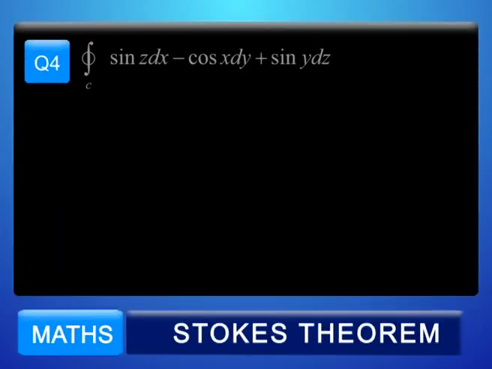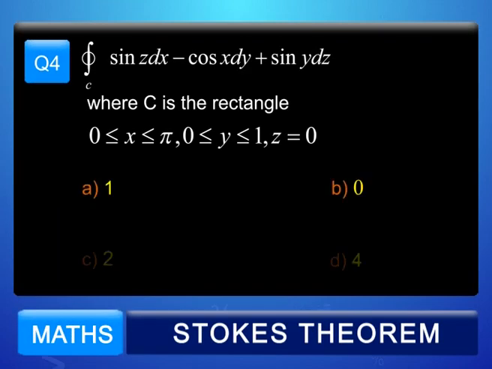Question number 4. What is the output of closed line integral sin z dx minus cos x dy plus sin y dz, where C is a rectangle with limits 0 less than or equal to x less than or equal to pi, 0 less than or equal to y less than or equal to 1, and z is equal to 0.